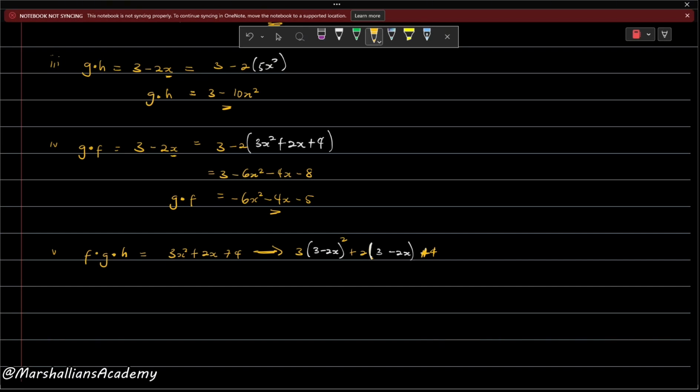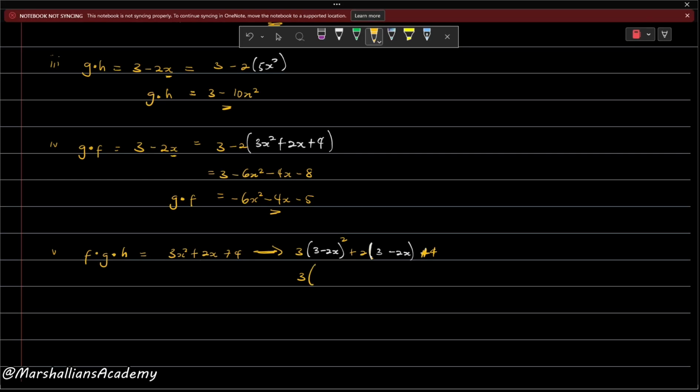Let's do ourselves a favor. Let's expand this first before we throw in H's function, so it's going to be easier for us to work with rather than throwing in so many squares at the same time. So we are going to be having 3 into brackets.